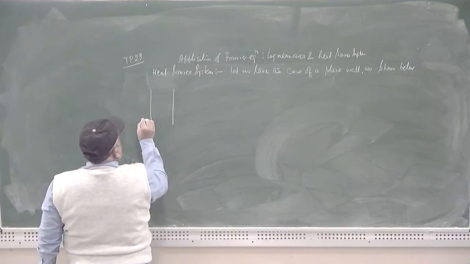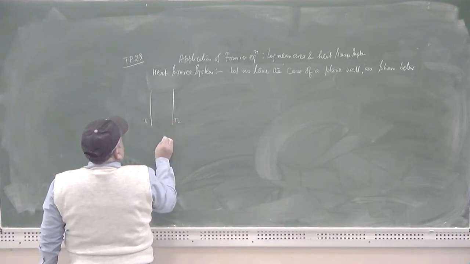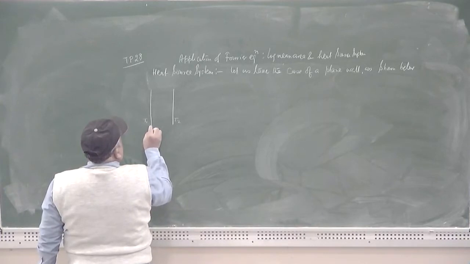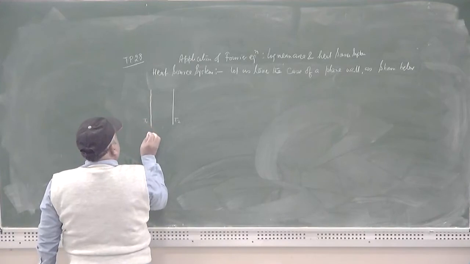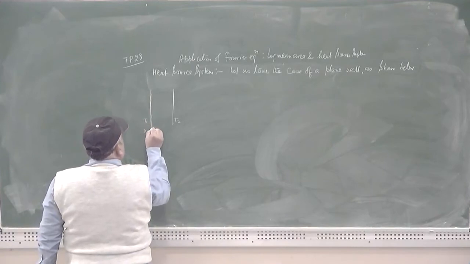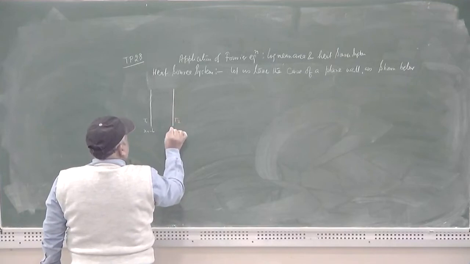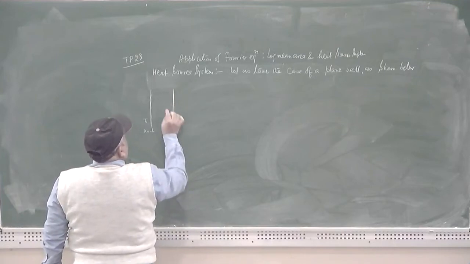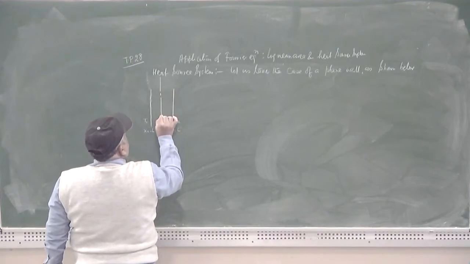This face is at temperature T1, this face is at temperature T2. This surface has the coordinate x is equal to minus L. This surface has the coordinate x is equal to L, and this is the center line of this plate.